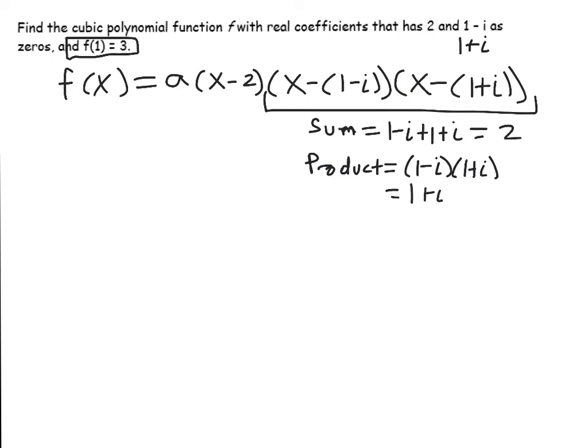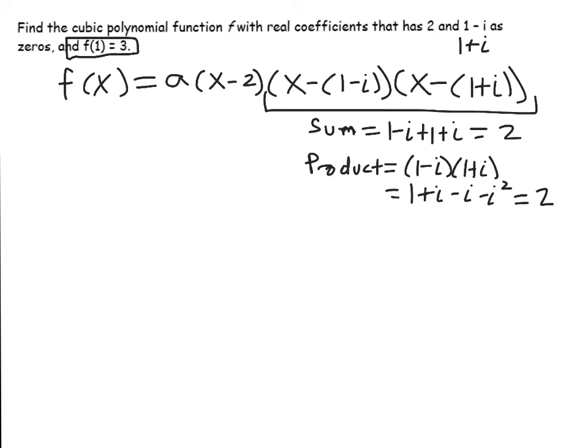One plus i, minus i. Remember, i squared is -1, so when you plug that in, it's really like 1 plus 1. So there you go.